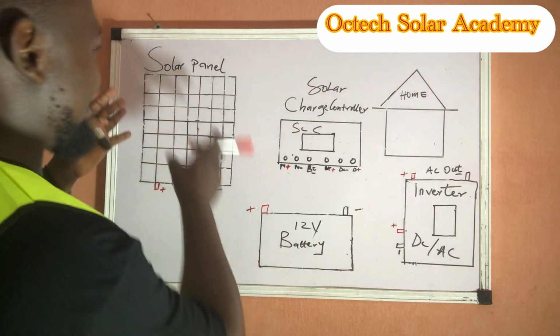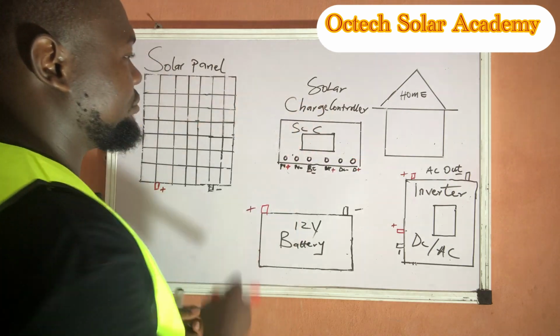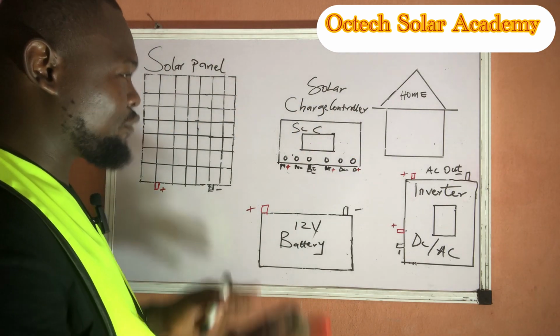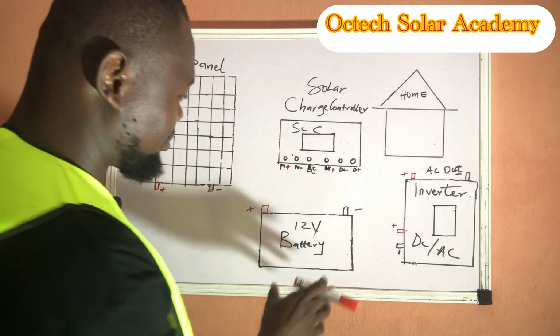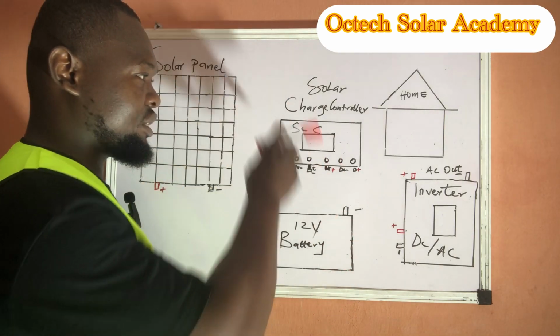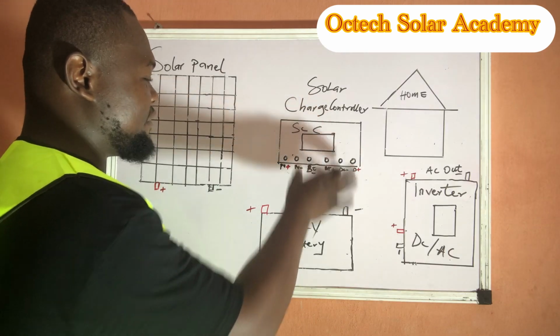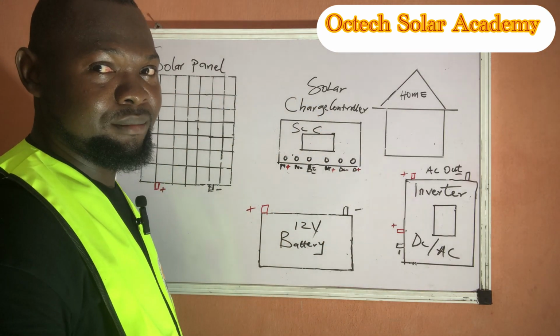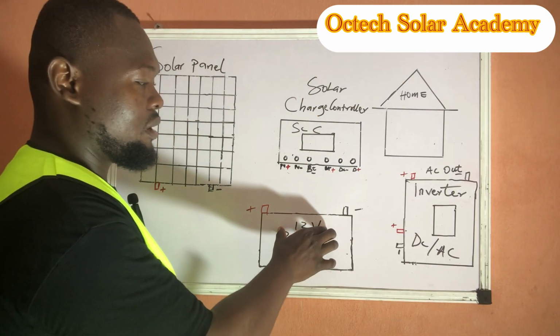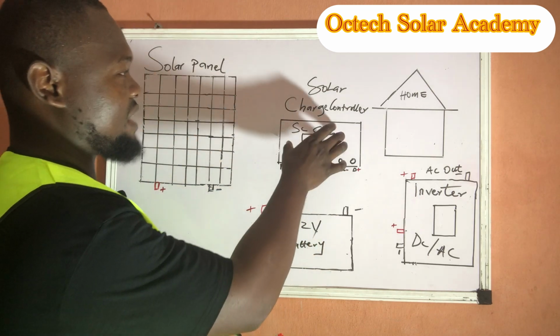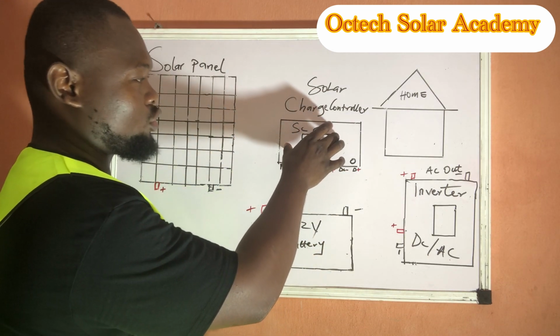Before, we connected our solar panel direct to our charge controller first. Ideally, if you want to do the connection, you must start from connecting your battery to the charge controller, because we earlier said that this charge controller senses the voltage of your battery bank. 12 volts, that is a battery bank. Now we want to connect our SCC, the solar charge controller.